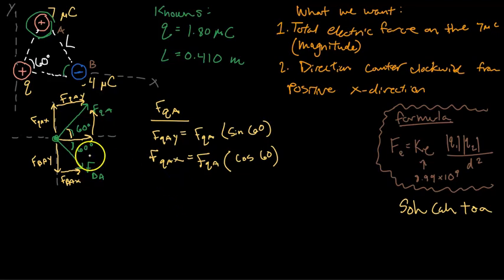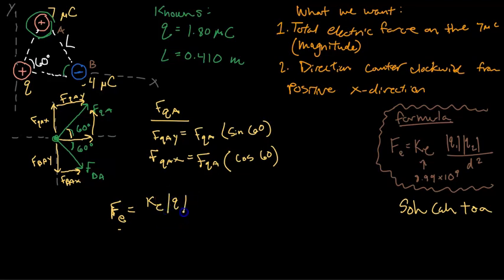Since we have both x and y, we can factor those out, since the x and y components are positive. When we put the numbers into our formula, we can factor them out.